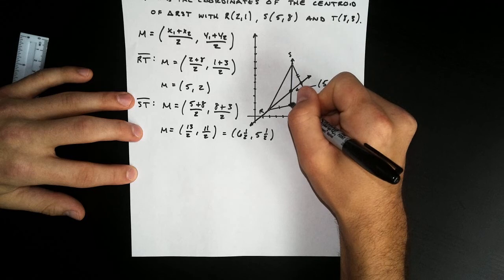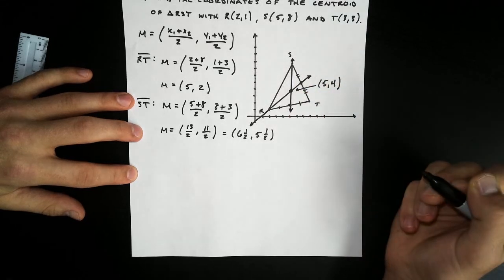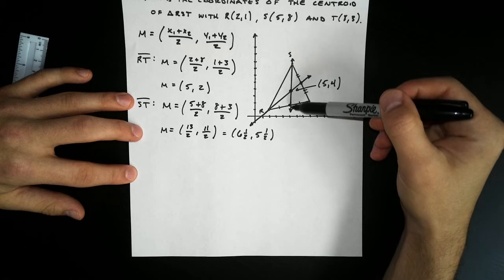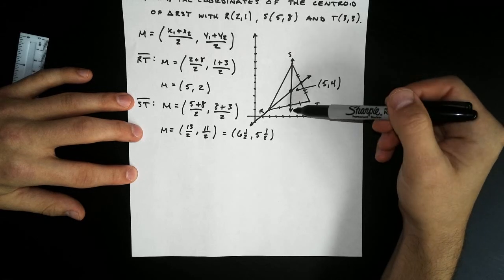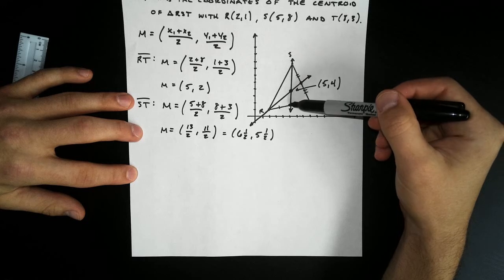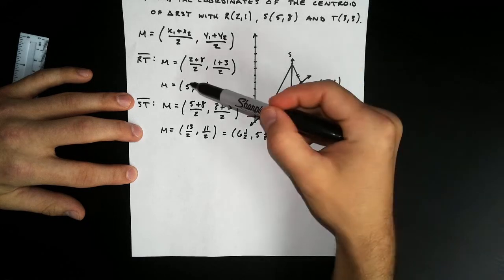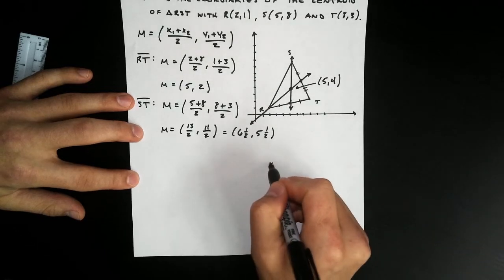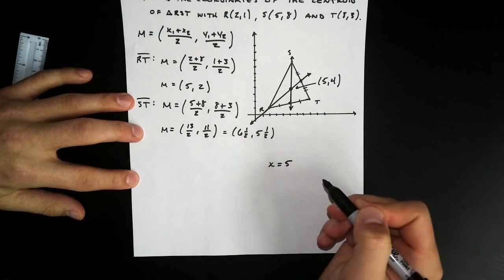I need the equation of both of these. The equation of one of them is very easy. Our vertical one, the equation of a vertical line is always x equals some number. All of these points go through 5, so our equation is x = 5.